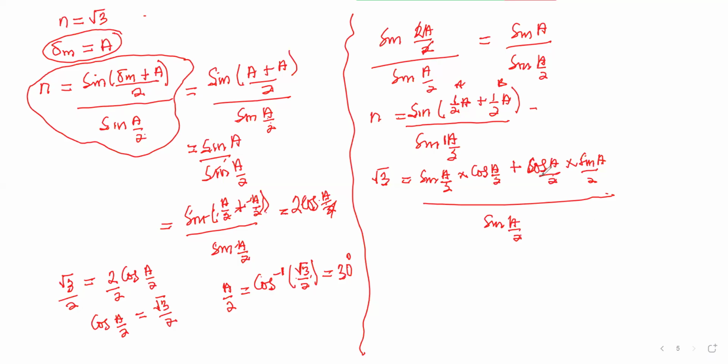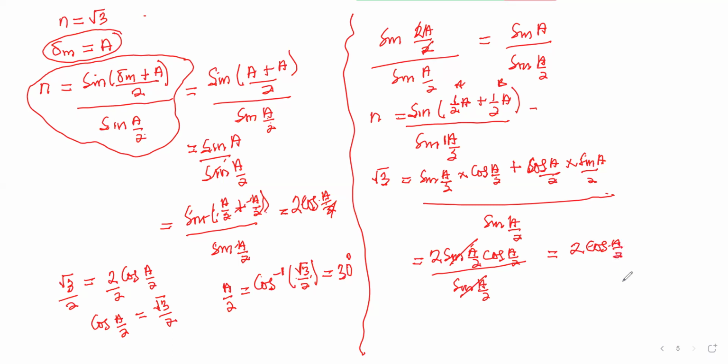Since multiplication is commutative, this part is the same as this part. So we'll have 2 sine A over 2 cos A over 2, all divided by the denominator sine A over 2. This time around, sine A over 2 can cancel its corresponding term, so that we'll have the refractive index being equal to 2 cos A over 2.